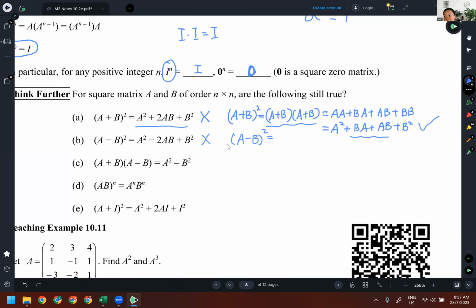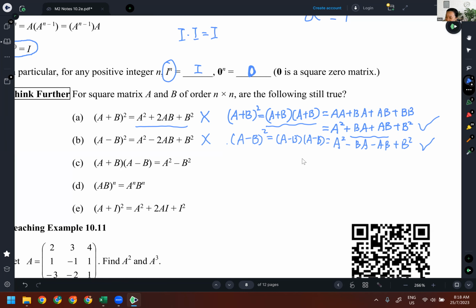It should be 1AB and 1BA. So it's A squared minus BA minus AB plus B squared. This is still true. It's just that it cannot be negative 2AB, correct?